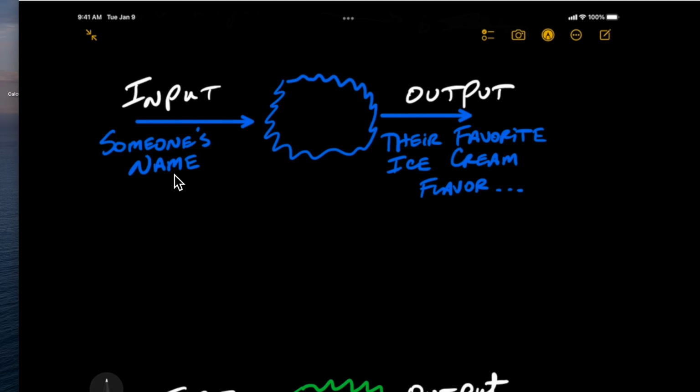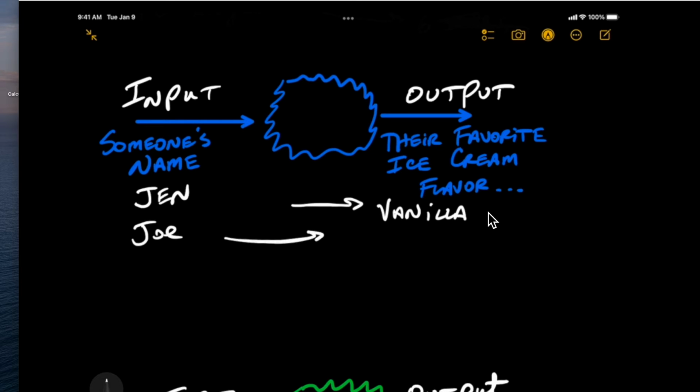Let's look at some other examples. What if the input was someone's name and the output is their favorite ice cream flavor? Let's see where that takes us. If we use the name Jennifer and we ask her her favorite ice cream, she might say vanilla. If you ask Joe, he may say chocolate.